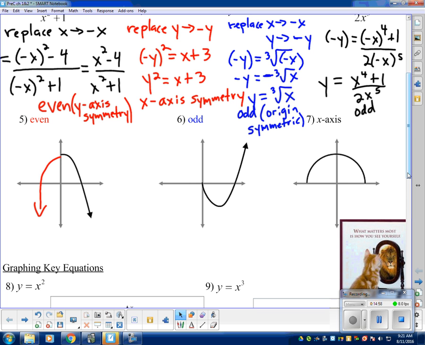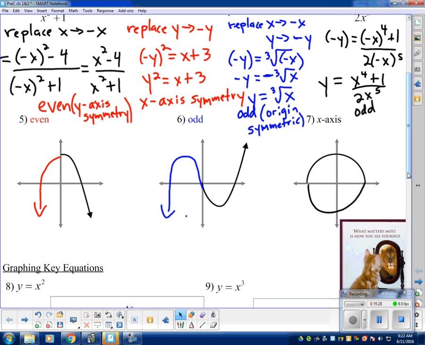It says that, well, if we go down, it's going to come up again here, and then back down. So it's like taking this and flipping it over the y-axis and then again over the x-axis. So it's like a double flip to get that odd one there. And then x-axis symmetry is just folding it over the x-axis. That's pretty easy to see. So there's a visual on those.